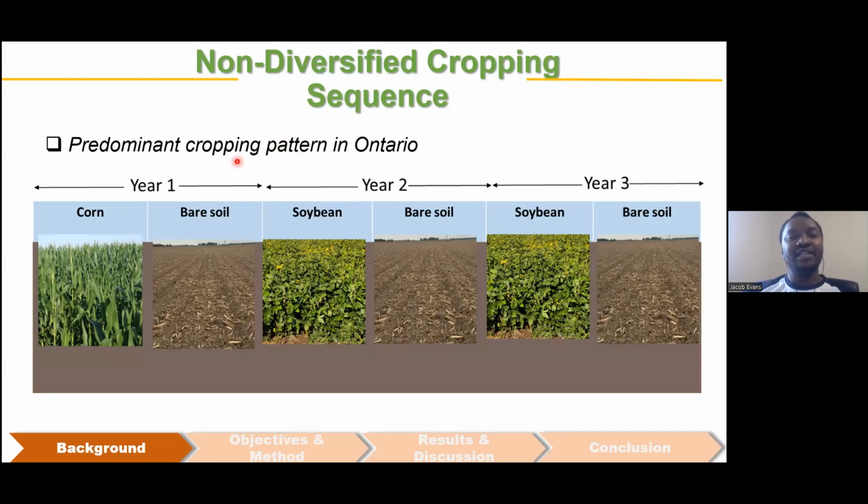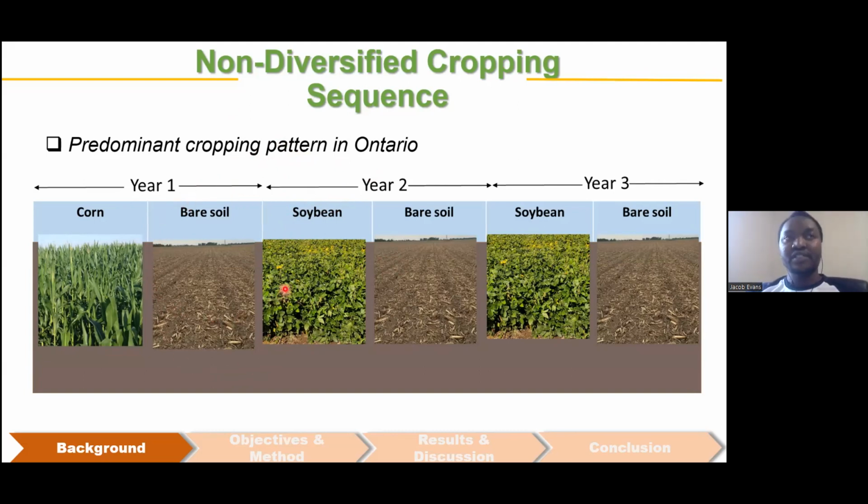If we consider the predominant cropping system in Ontario, corn and soybean, the crop is usually grown for a short period, about 4 or 5 months, and we have a long fallow period, which corresponds to carbon loss.